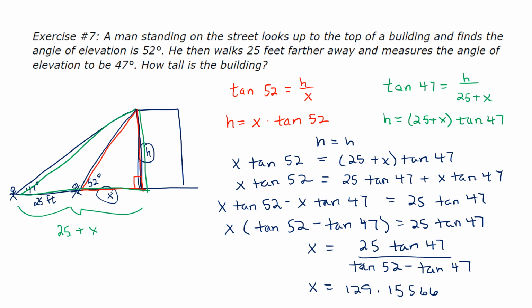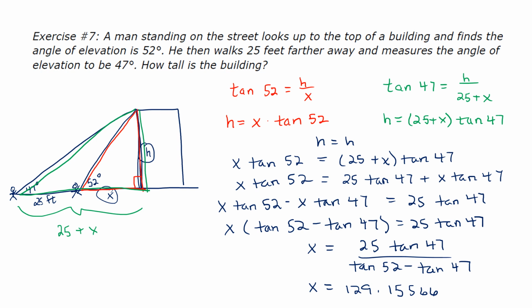So I now know what x equals. But remember, I'm not done yet. I'm trying to find the height. So now that I know what x equals, I can use either original function up here at the top to help me find what h equals.